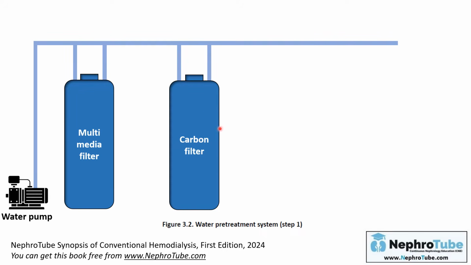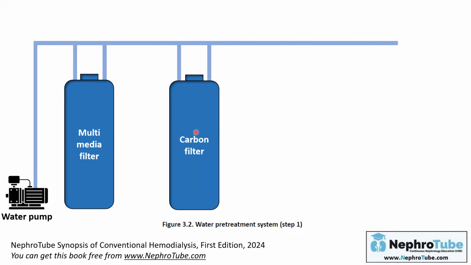In the next step, the water will go through the carbon filter. The main action of this activated carbon filter, which can sometimes be called a charcoal filter or activated charcoal filter, is to remove chlorine and chloramine from the tap water.